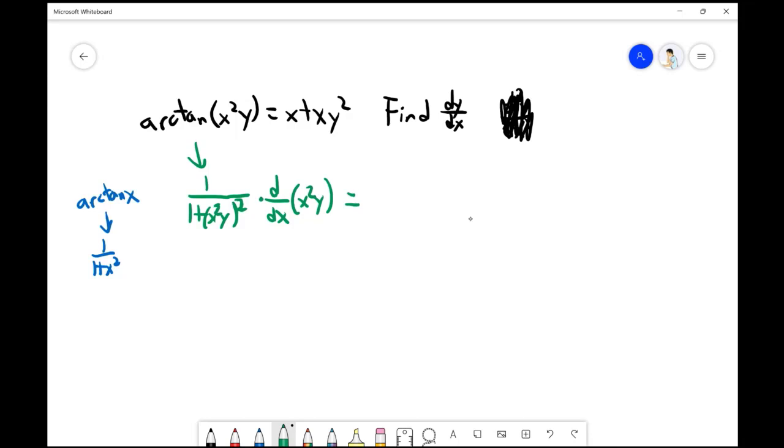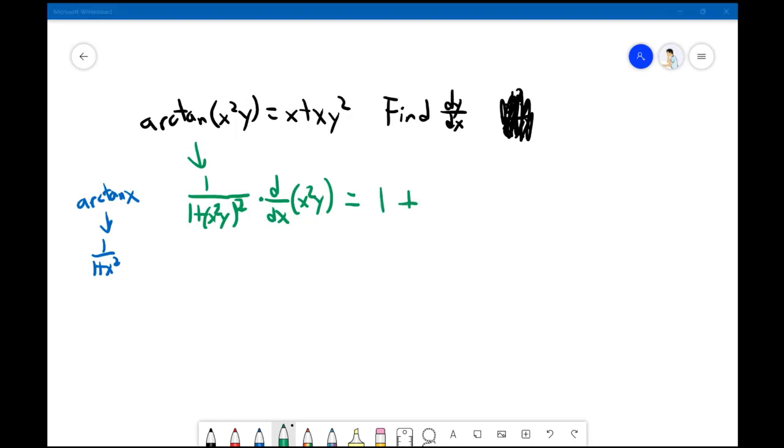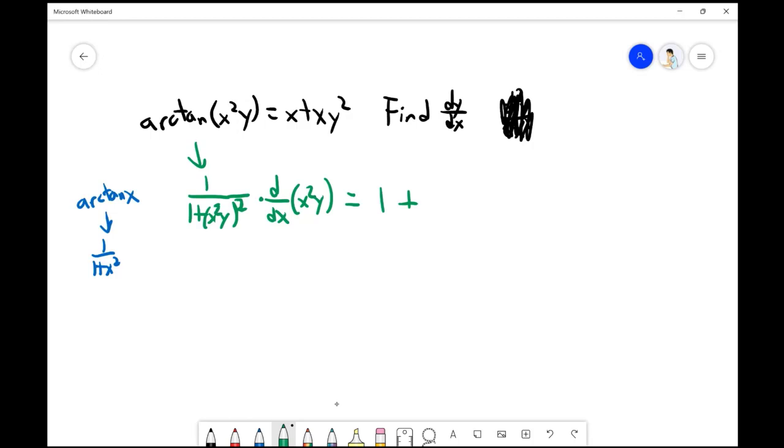The right side is a little bit simpler. The derivative of x is just 1, and then the derivative of xy squared just uses product rule. You get y squared plus x times 2y times dy/dx.